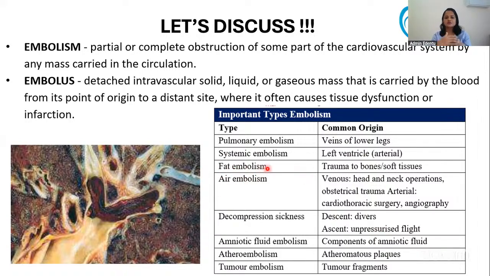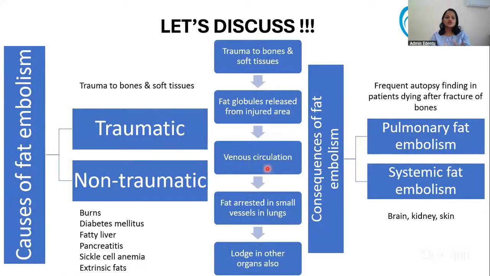Okay, so the main cause for this fat embolism is trauma to the bones or the soft tissues. We will see how this trauma is causing fat embolism that can really be fatal for the patient. So let's have a look at it. The causes of fat embolism can be traumatic or non-traumatic.